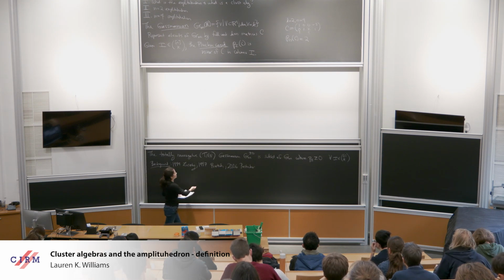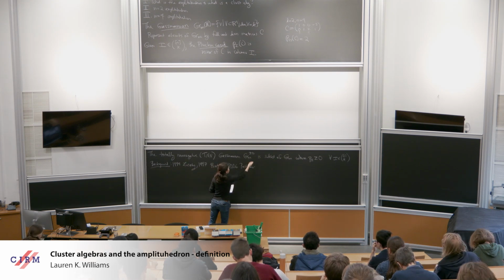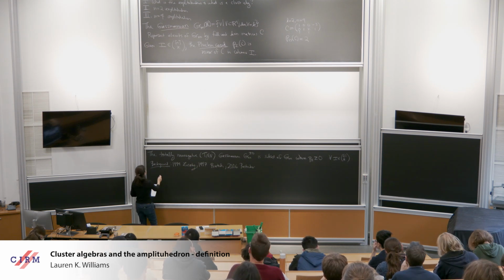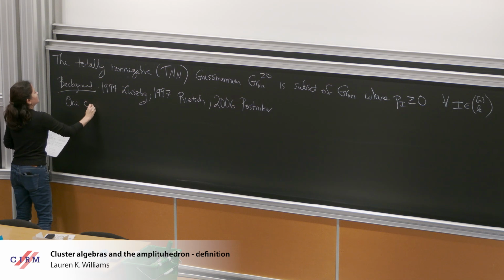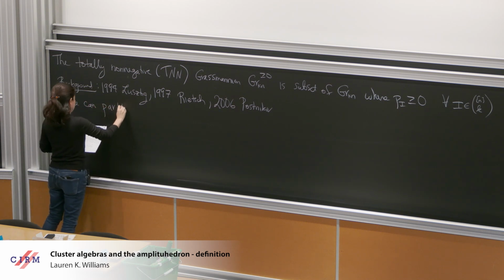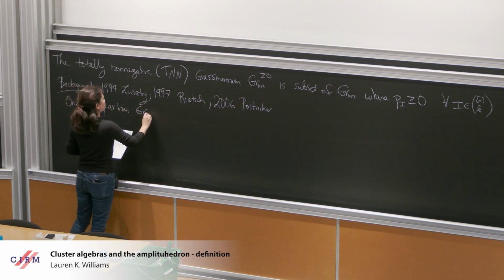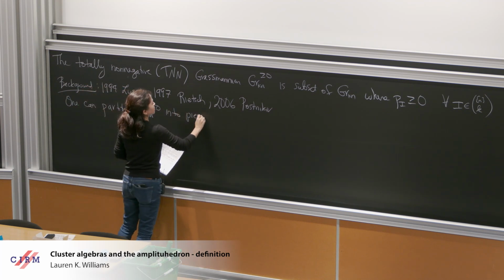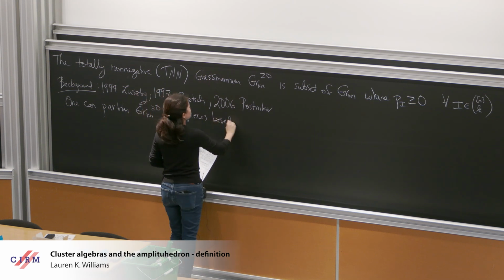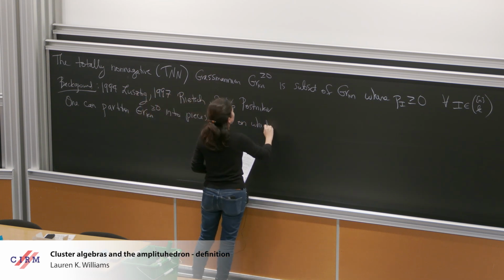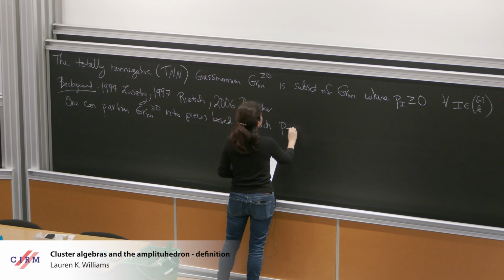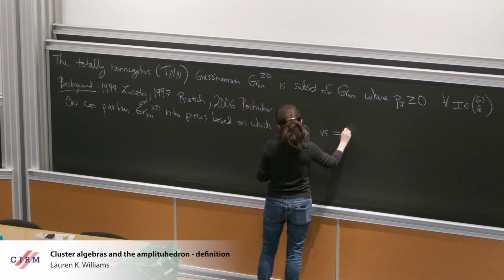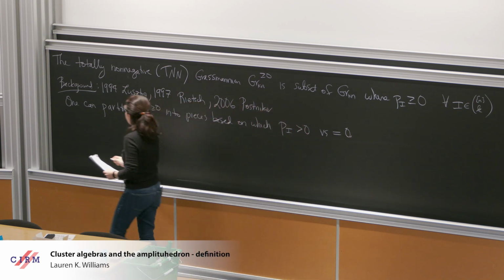So, okay, let me talk about the cell decomposition of the TNN Grassmannian. We can partition the TNN Grassmannian into pieces based on which Plücker coordinates are strictly positive versus equal to 0.